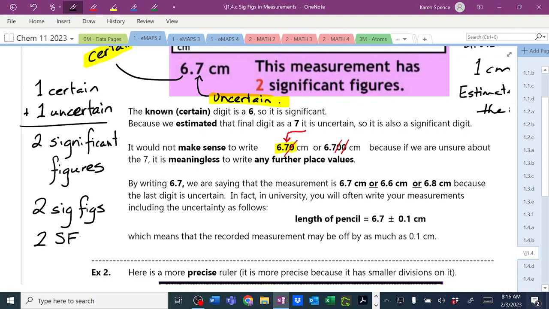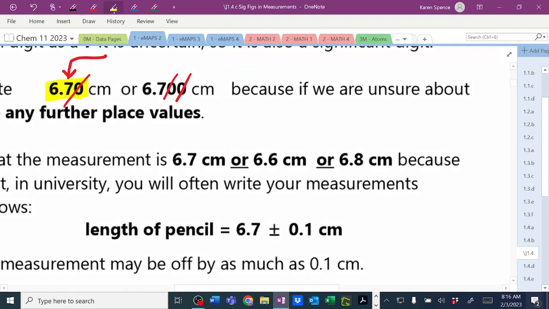At any rate, you'll notice that our measurement could have been 6.7 or 6.6 or 6.8, because that tenths position is uncertain. So we could say that our measurement is 6.7 plus or minus 0.1 centimeters.